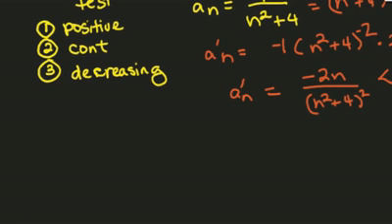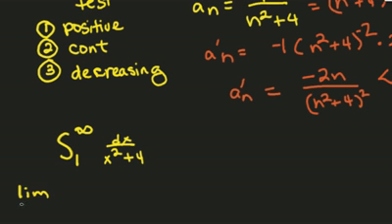Now we take a function, let's make a function out of this thing. And it's going to be an integral from 1 to infinity of dx over x squared plus 4. So do you remember the formula for the arctangent of this thing? Yeah, it's going to be 1/2 arctangent x over 2.